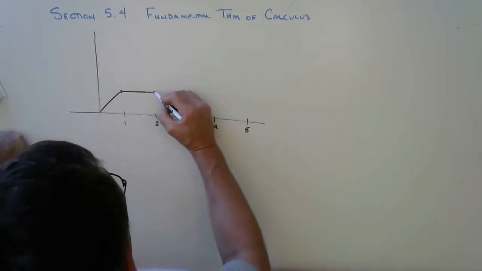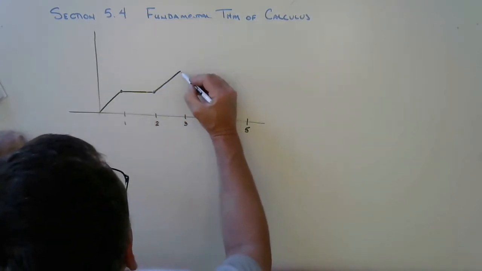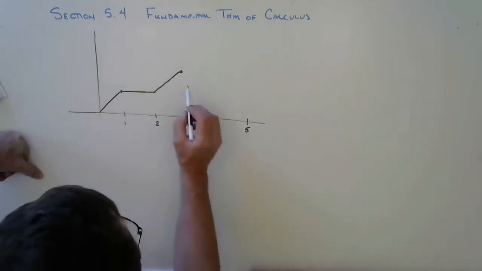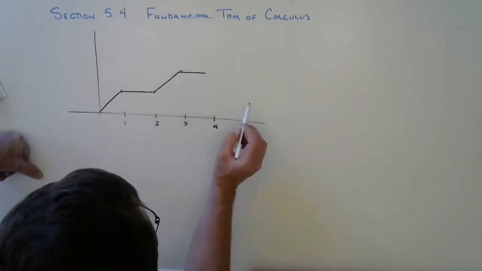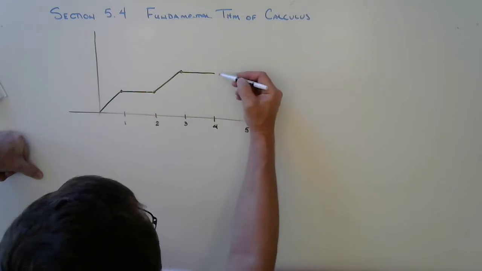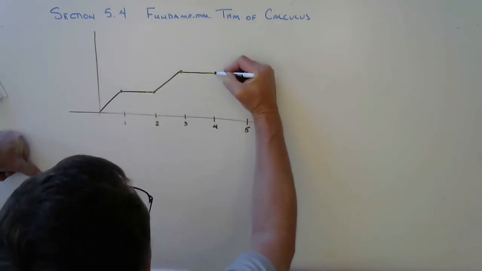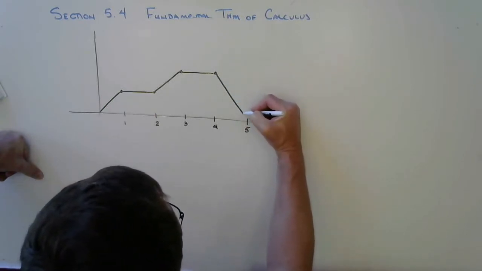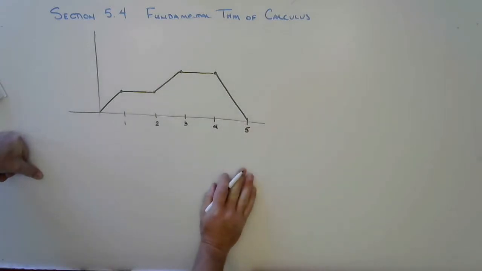Then it's going to go up at another 45-degree angle until we get to 3. Then it's going to go straight across until we get to 4. And then it's going to shoot all the way back down to 0. All right? So this is our function f of t.